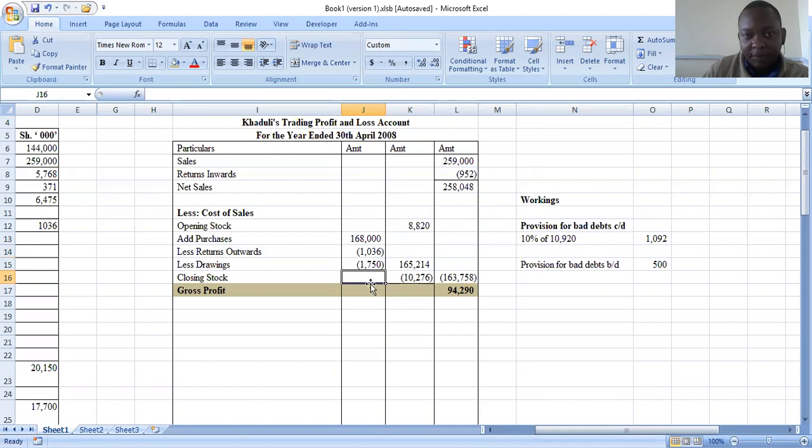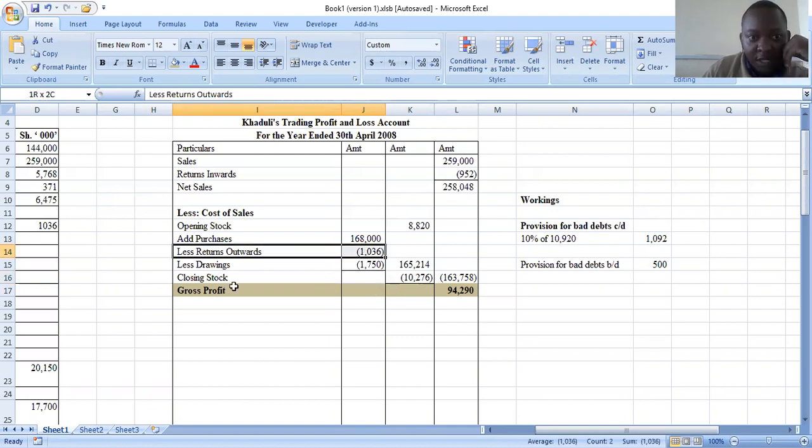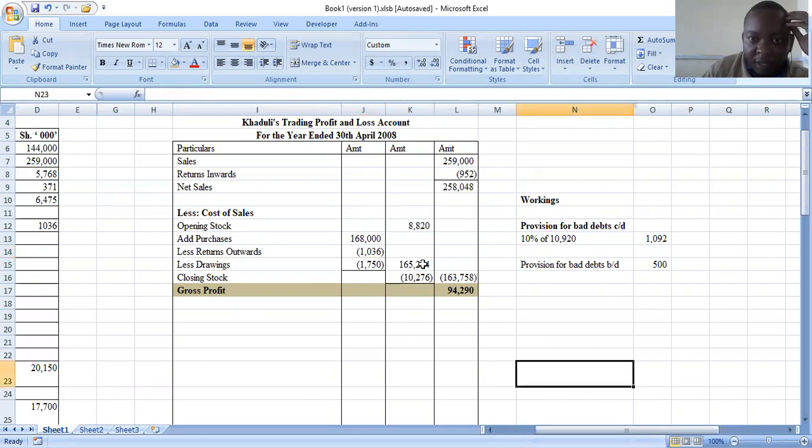So we less returns outwards from purchases, and also less the drawings of goods from the additional information. That is 168 plus 10 minus 1036 minus 1750. It will give us 165,214. So this 165,214 is the net purchases.